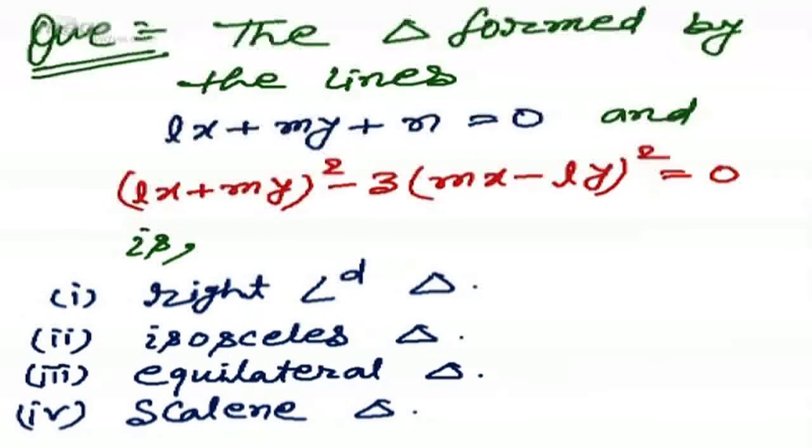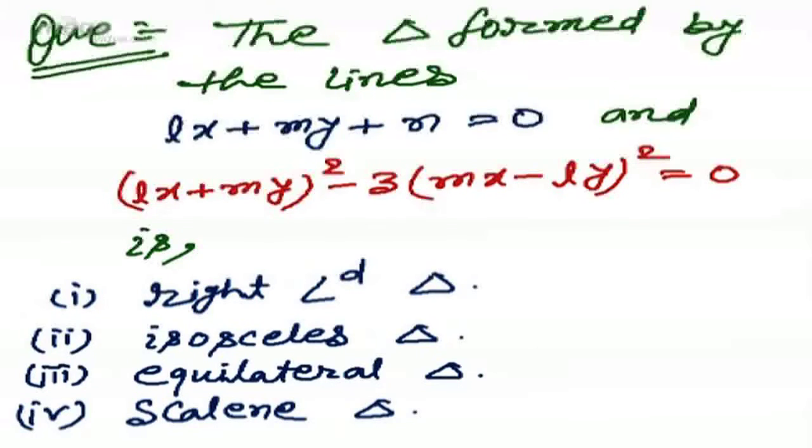Everything here is based on the angle. Right angle triangle means any one angle is equal to 90 degrees. Isosceles triangle means two angles will be equal. Equilateral triangle, all three angles are equal. Scalene triangle, all three angles are unequal.